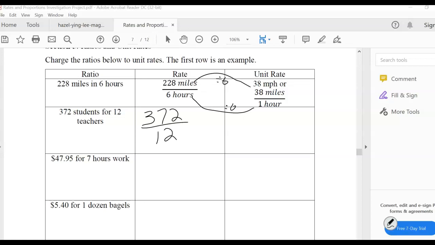If you do, that's not enough. What else do you need to put? Elian. 372 students. Good. You need to write students, or if you want to abbreviate, just write S, I'm okay with that. And you can write teachers, or just put a T for teachers. Writing what they represent is really important.